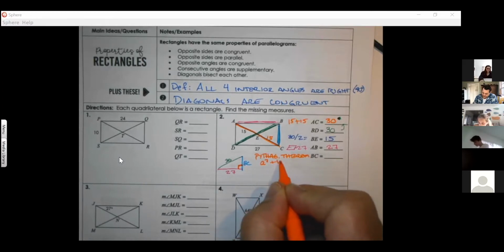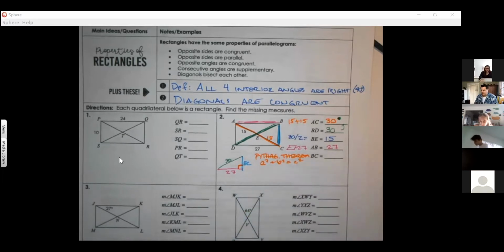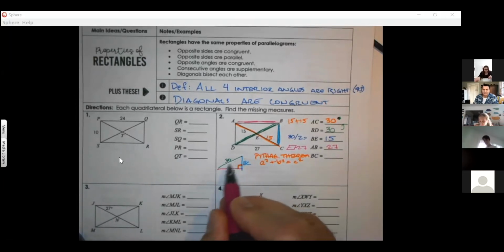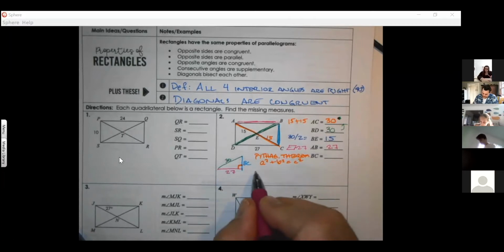A squared plus B squared equals C squared. Does it matter which one's A, B, and C? The green one has to be C, right? That's our hypotenuse. That's the only real restriction.